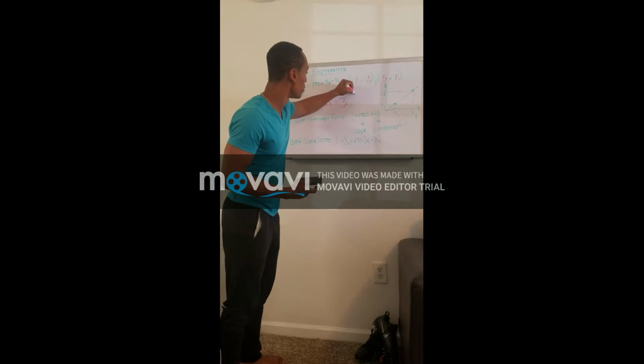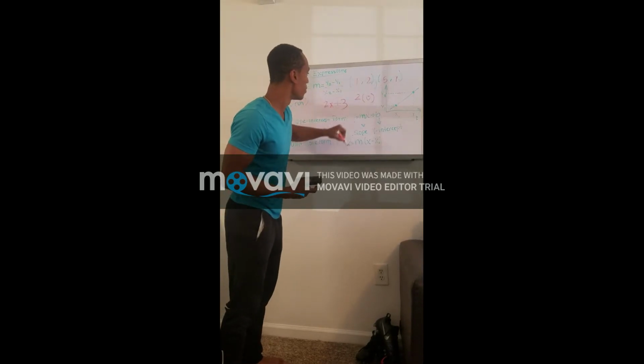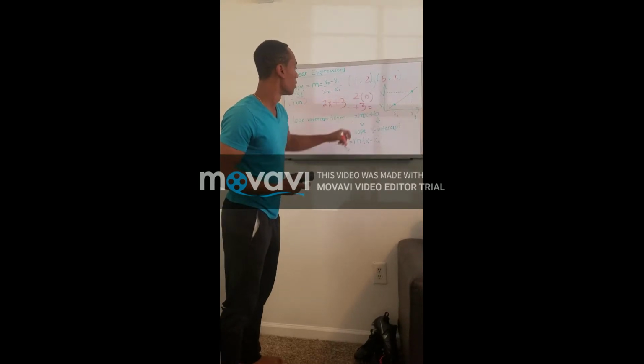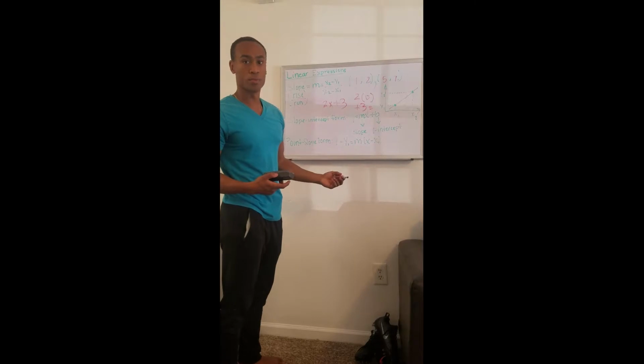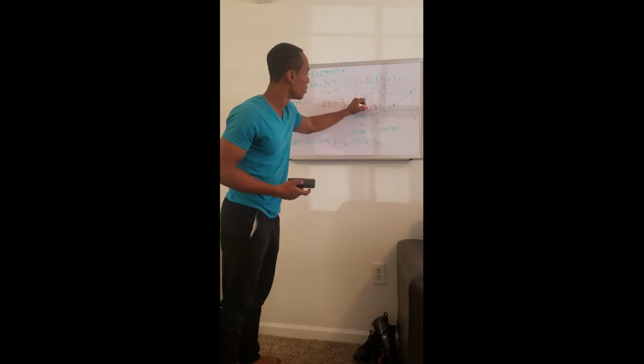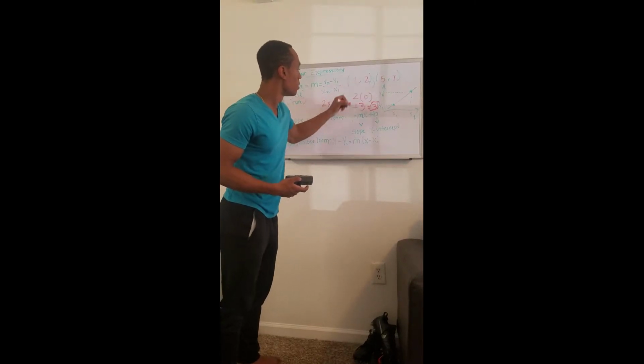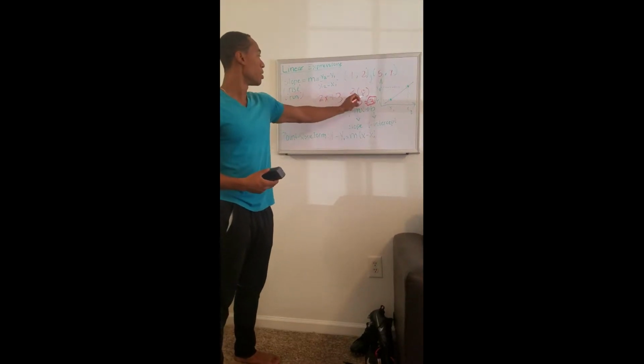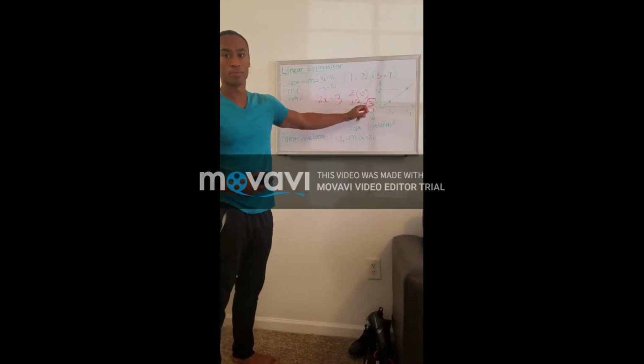So we have 2 times 0 plus 3. 2 times 0 is 0, plus 3 is 3. So our y-intercept occurs at the point 0, 3.